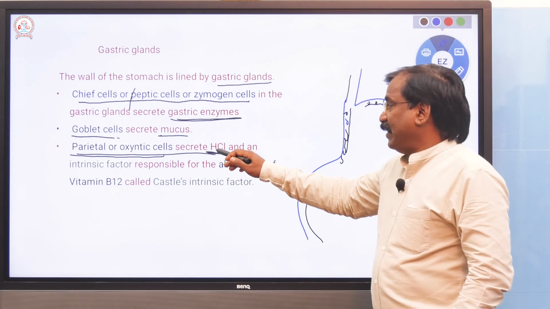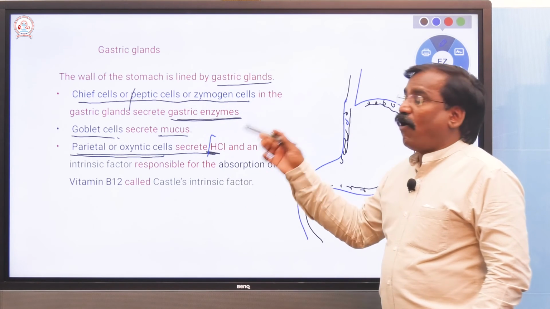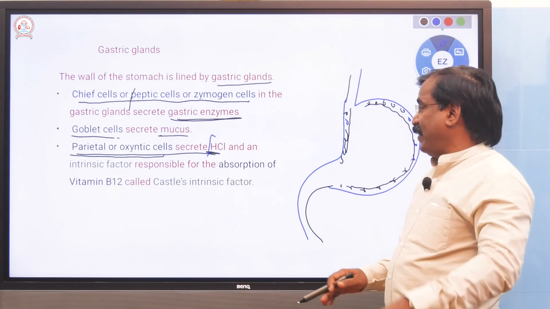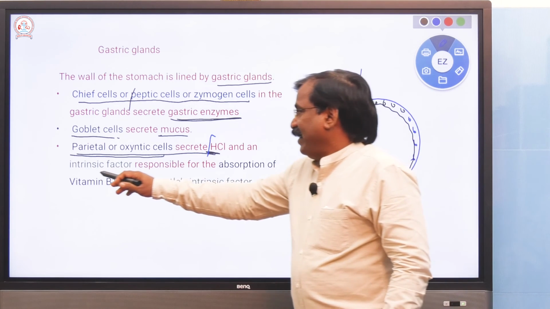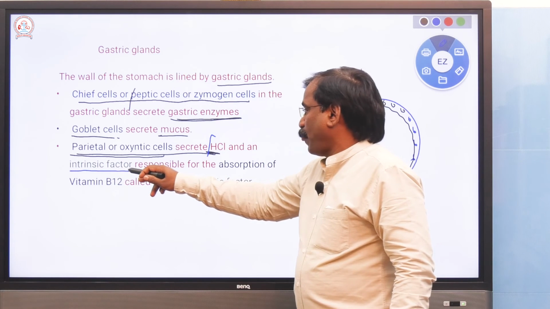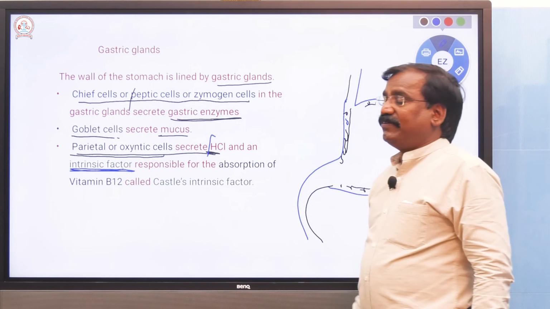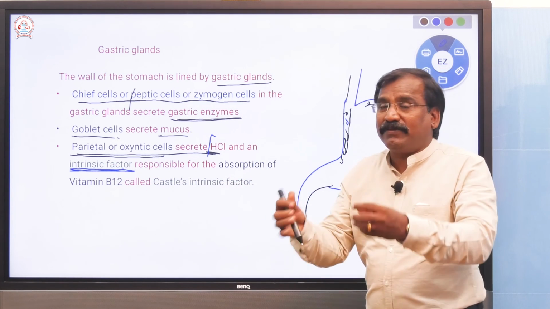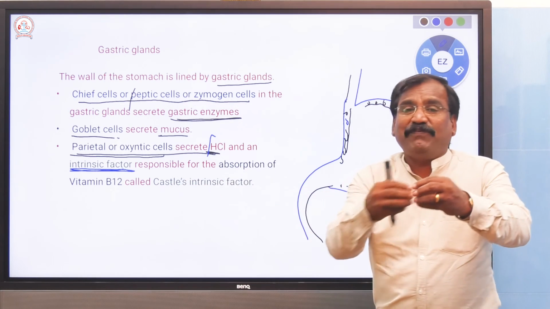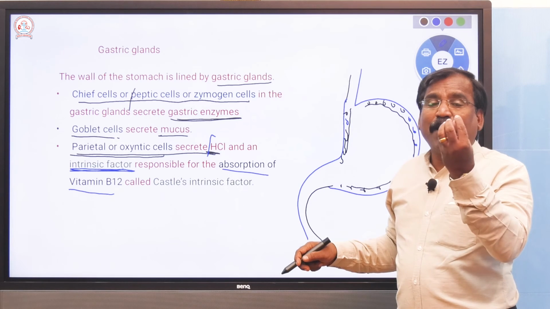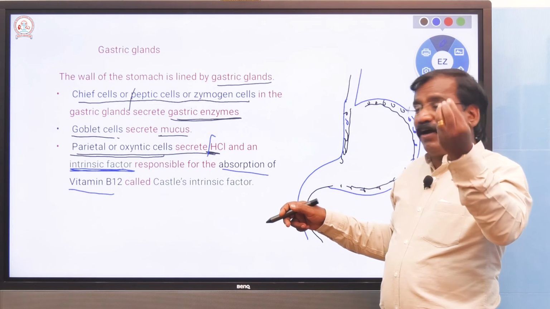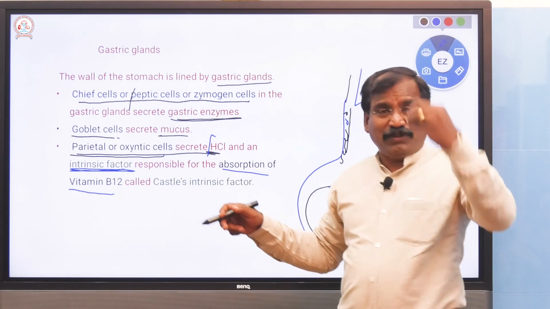Also very important is the intrinsic factor, which is responsible for the absorption of vitamin B12 from the gastrointestinal tract.